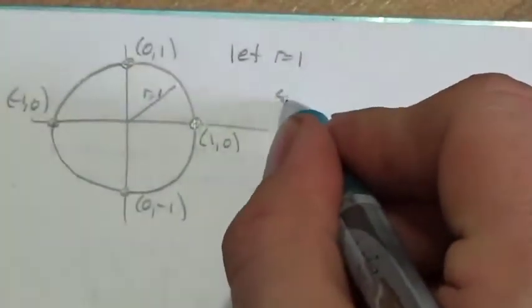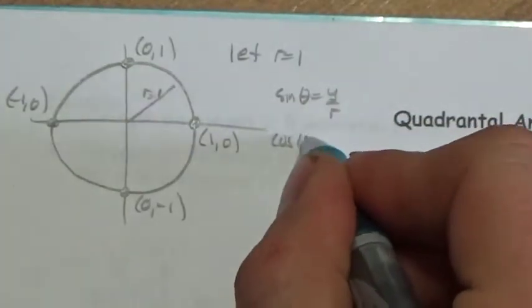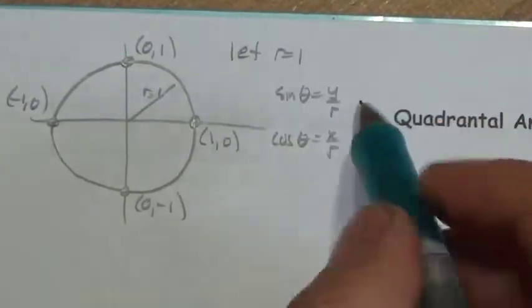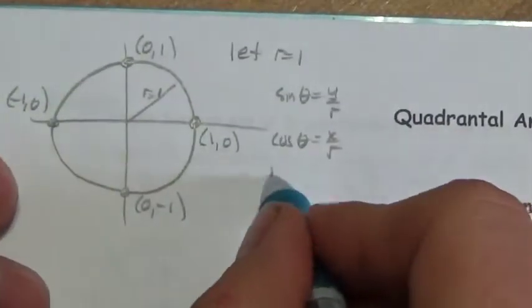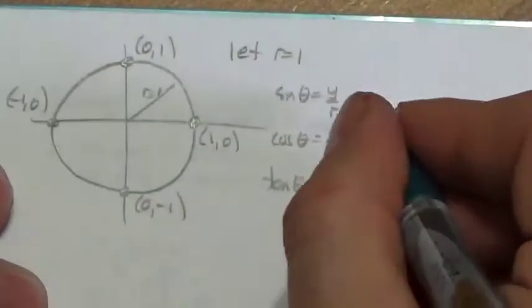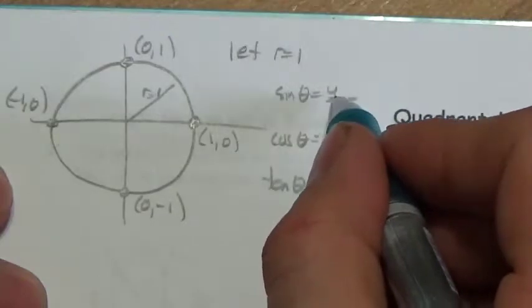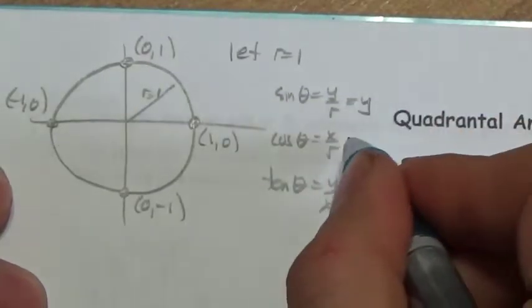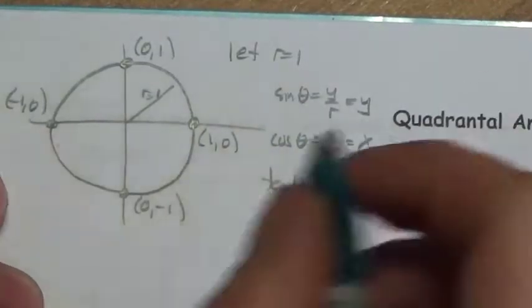Now, bear in mind that the sine of theta is y over r, cosine of theta is x over r, and actually we're going to just stick with those two right now, because tangent of theta being y over x actually doesn't help us here. In this particular case, if r is equal to 1, then y divided by 1 is just y. X over 1 is just going to be x.